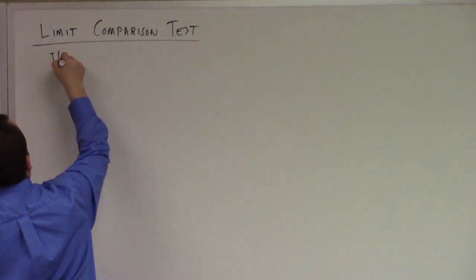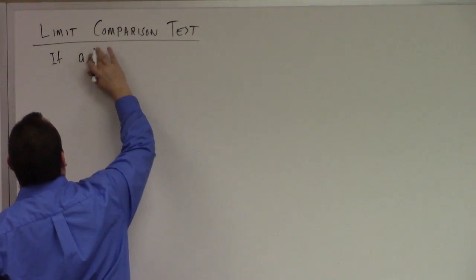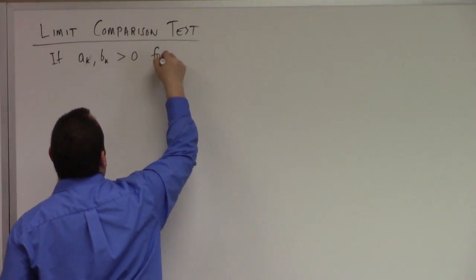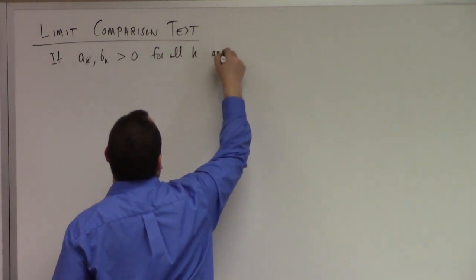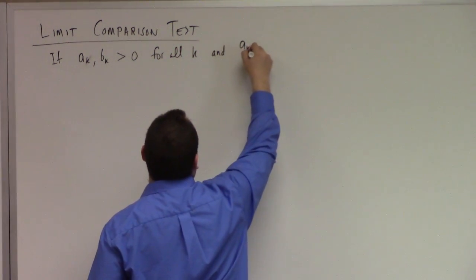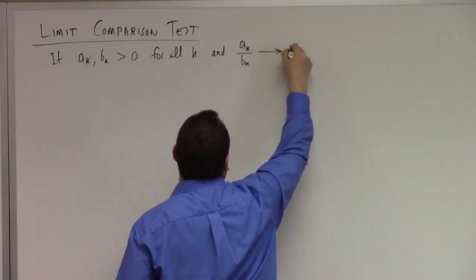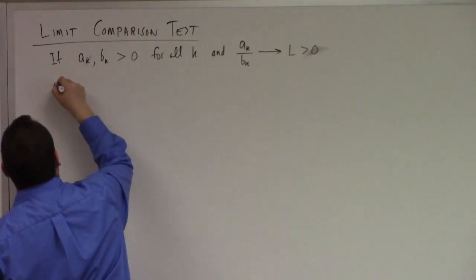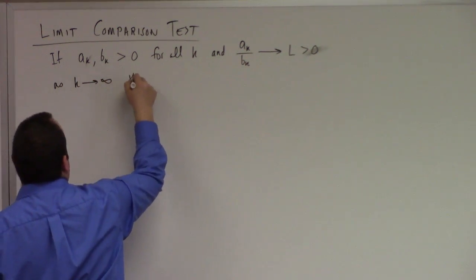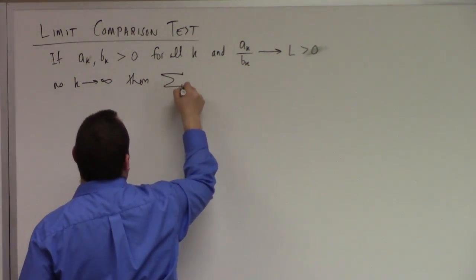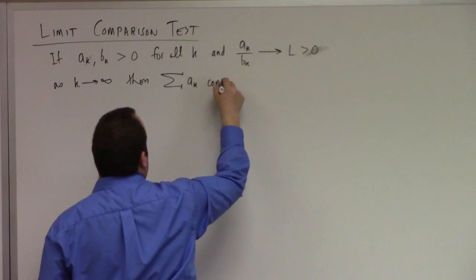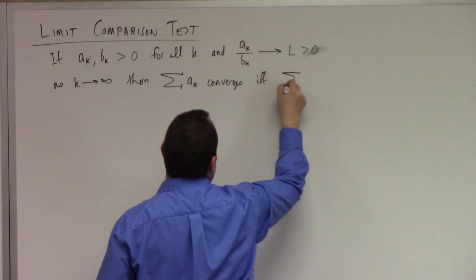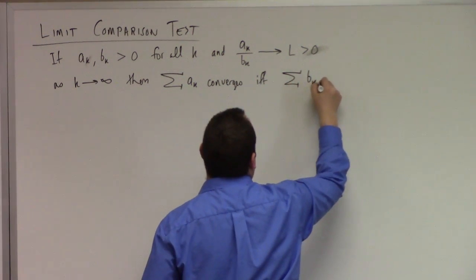It says if we have a_k and b_k positive for all k, and if the quotient a_k divided by b_k tends to L, which is greater than 0, as k goes to infinity, then the series with terms a_k converges if and only if the series with terms b_k converges.